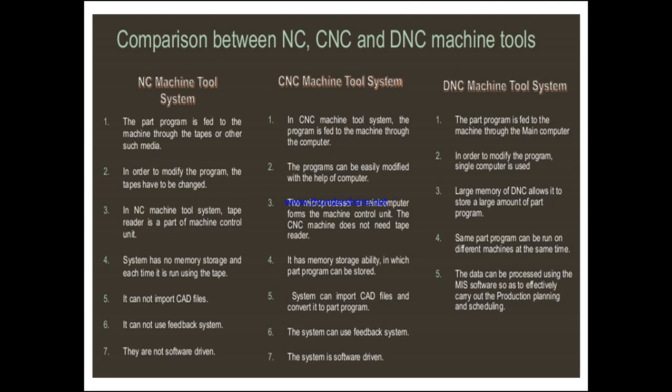The data can be processed using MIS software so as to effectively carry out production planning and scheduling. In NC machines we cannot use a feedback system, but here we are having the feedback system where the input and output both can be controlled by using the programming language. We are not having software driven operation in NC; it is software driven in the CNC and DNC machine. So these are the comparisons between the NC machine and the CNC and DNC machine.